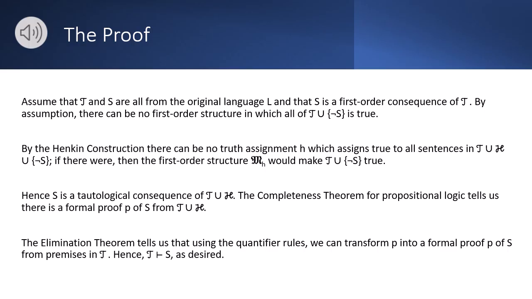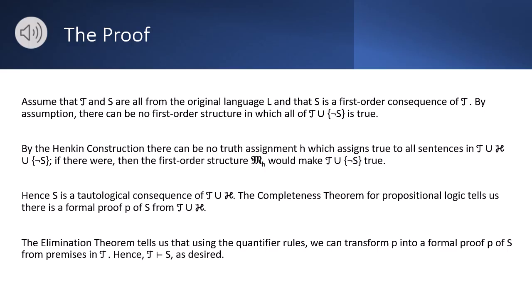And so again, this is that gap between the first order consequences and tautological consequences that is bridged by this Henkin theory that we'll talk about on the next couple of slides. Now, the completeness theorem for propositional logic then tells us that there must be a formal proof of S from the assumptions in T, but also from the assumptions in H, these Henkin witnessing axioms.